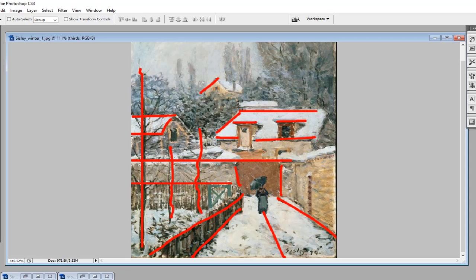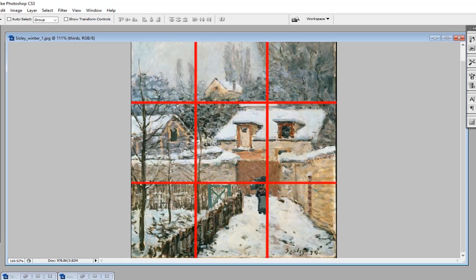As well, if we consider the rule of thirds, we find that the woman is on a vertical third and a horizontal third, further tying her together and denoting a point of interest.